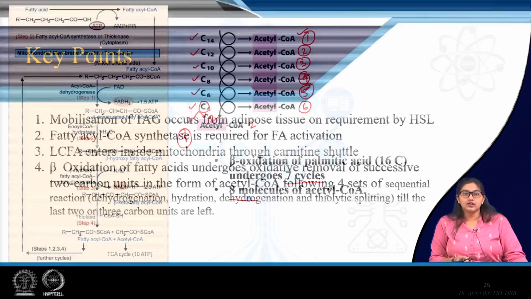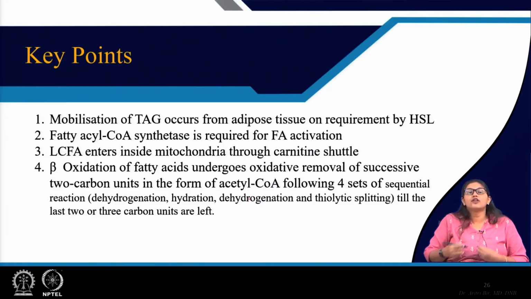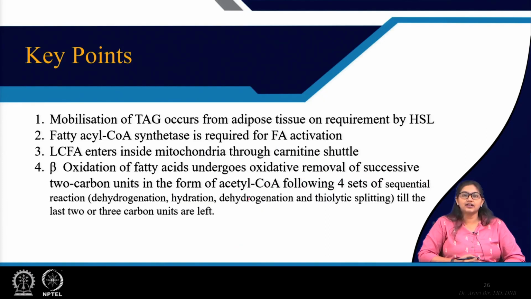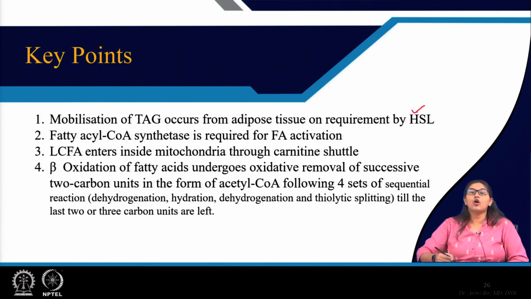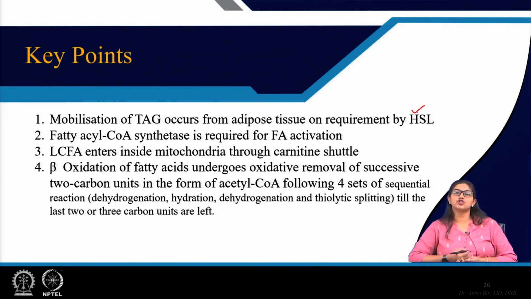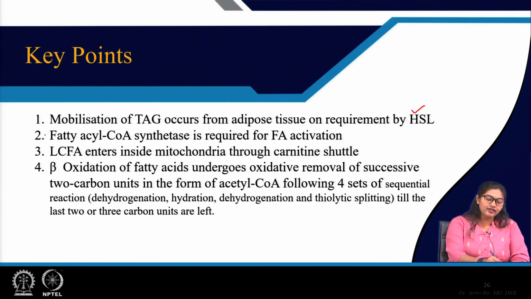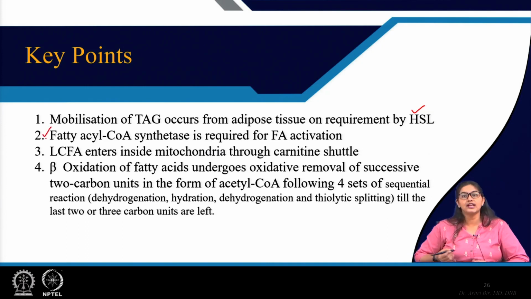So, what we have learned from this session, these are the key points: the stored triacylglycerol is mobilized on requirement via the enzyme hormone sensitive lipase from adipose tissue. Mobilized fat in the form of free fatty acid is activated by fatty acyl coenzyme A synthetase.